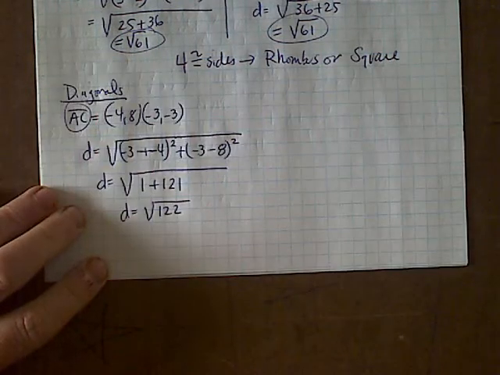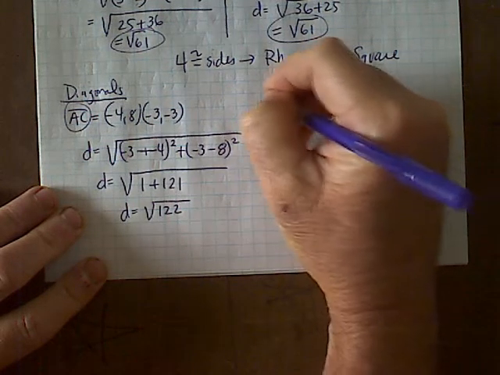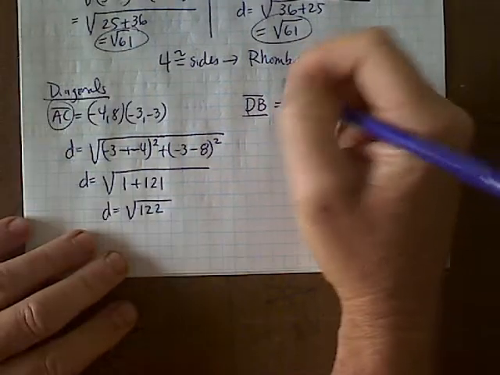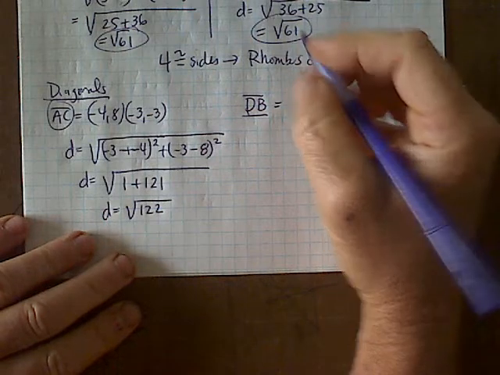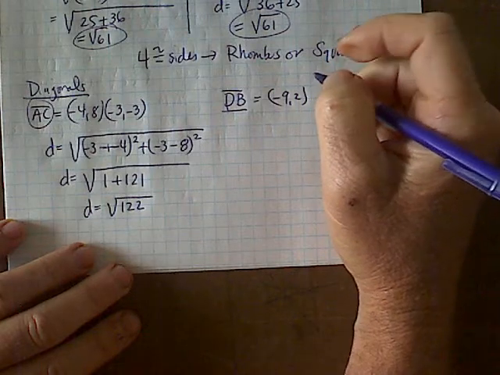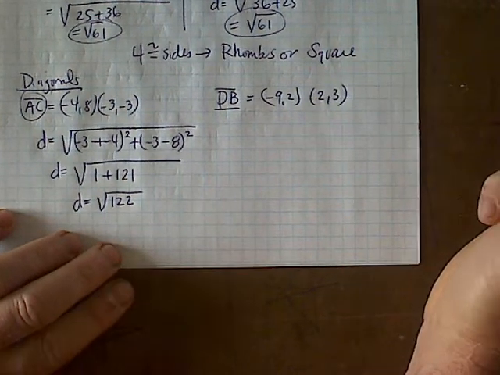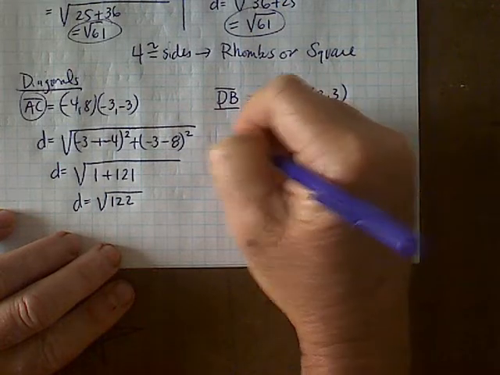Now let's do the same for the other diagonal, DB. And so for DB, the 2 points are negative 9, comma 2. Just looking at my picture here. And then 2, comma 3. All right, so let's find the distance there.